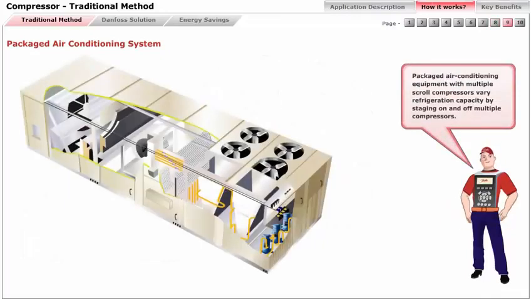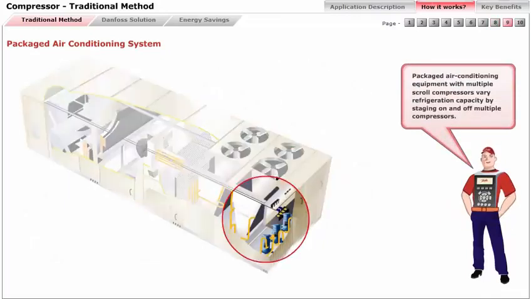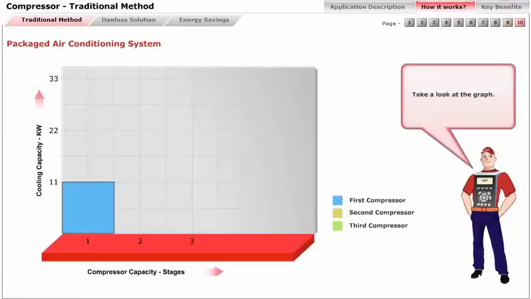Packaged air conditioning equipment with multiple scroll compressors varies refrigeration capacity by staging on and off multiple compressors. Take a look at the graph. It shows how capacity is increased as additional stages are added for cooling. Additional compressors are added as the cooling load increases.